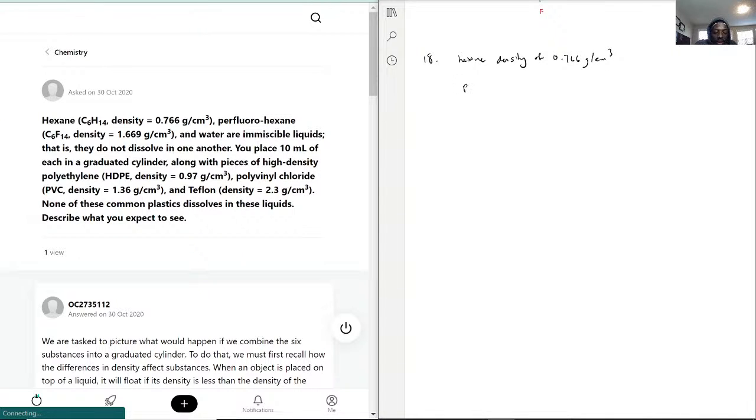Perfluorohexane is like hexane, but with fluorines instead of hydrogens, which makes it polar, whereas hexane would be a non-polar molecule. Perfluorohexane has a density of 1.669 grams per centimeter cubed, and it and hexane are immiscible liquids.